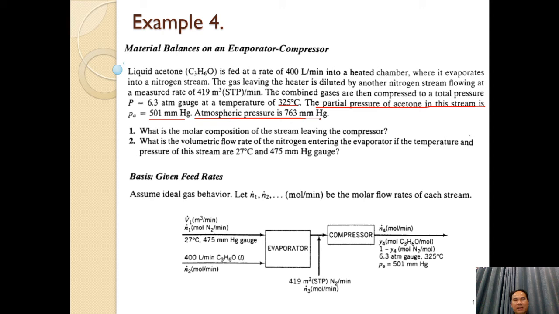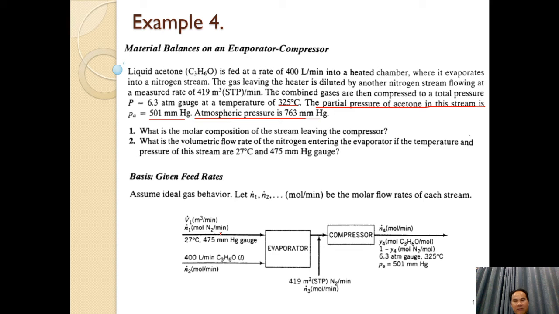Atmospheric pressure for this system is 763 millimeters mercury. The question: what is the molar composition of the stream during the compression? What is the composition of nitrogen and acetone in the product of the compressor? The first question. For the second, what is the volumetric flow rate of the nitrogen entering the evaporator?